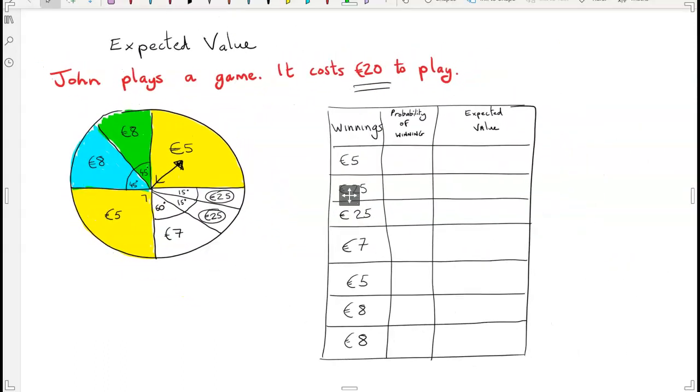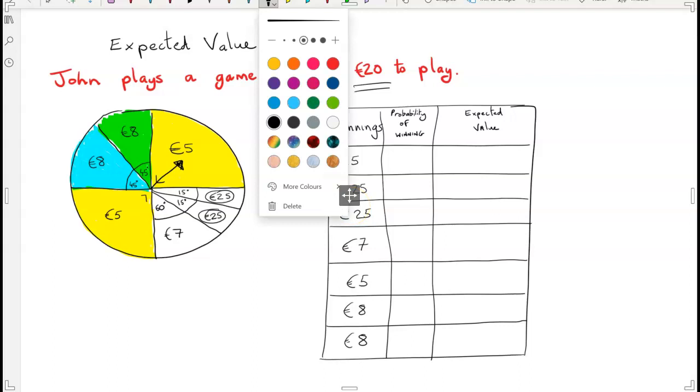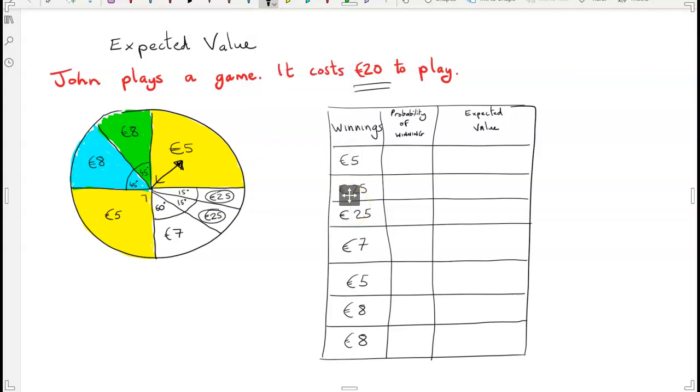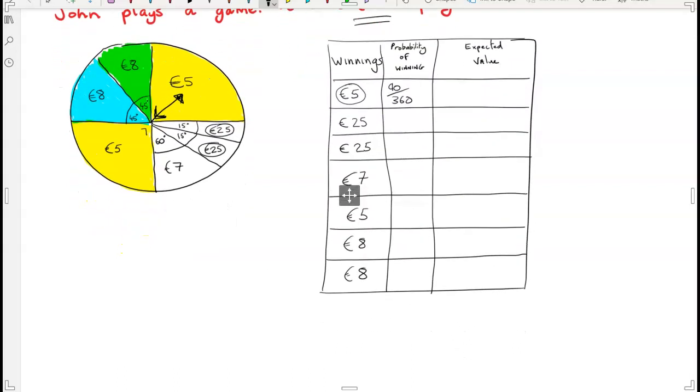Now, how do you do it? Well, you list the various winnings in one column. Then you establish the probability of getting each win. So the probability of winning this €5 here: the angle in here is a right angle, so the probability expressed as a fraction is 90 degrees out of 360. The same for this 25 beneath it.